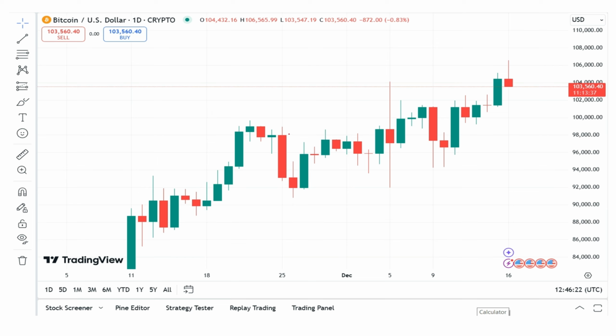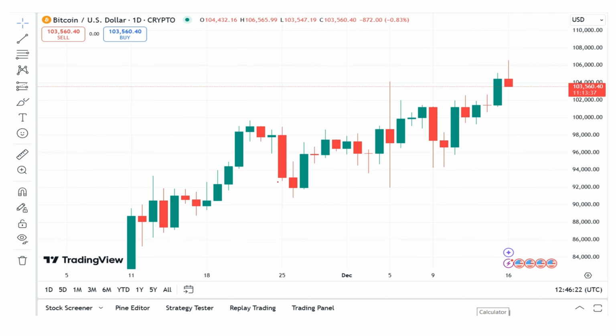There are an upper shadow and a lower shadow, and the upper shadow means that buyers wanted to increase the price to approximately $99,000, but they weren't successful in their mission.